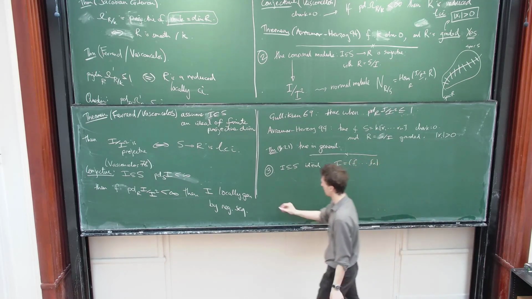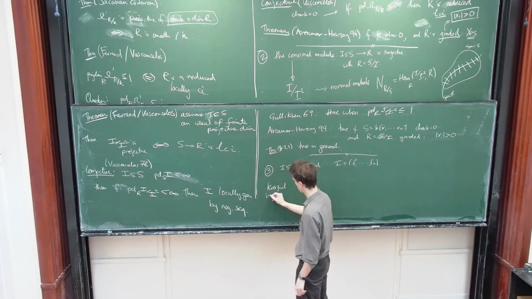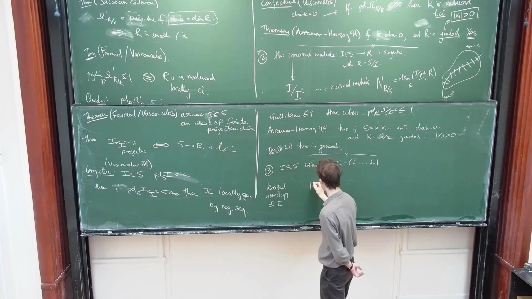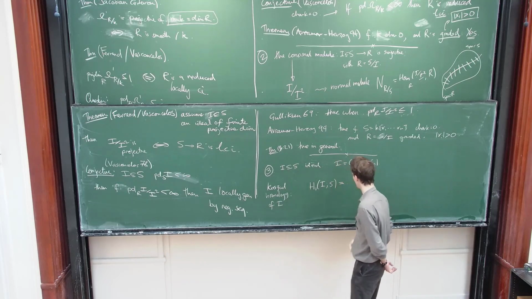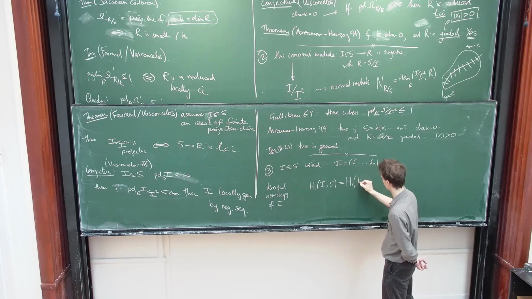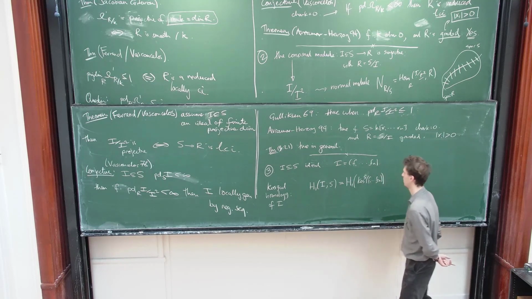And you can define the first Koszul homology module of this ideal, H1 of I with coefficients in S. If you know about Koszul complexes, this is just the first homology module of the Koszul complex over S on these polynomials.